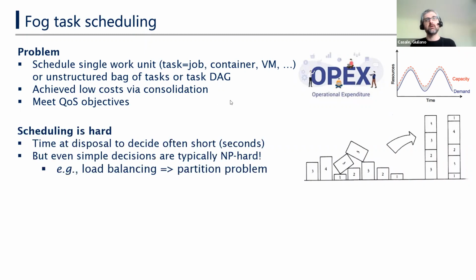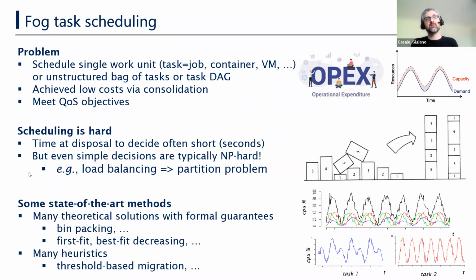But scheduling is very well understood to be a difficult problem. Even in terms of computational complexity, very simple problems like load balancing can be shown to be NP-hard, and therefore you don't have in general algorithms that will work to optimality for all the instances.